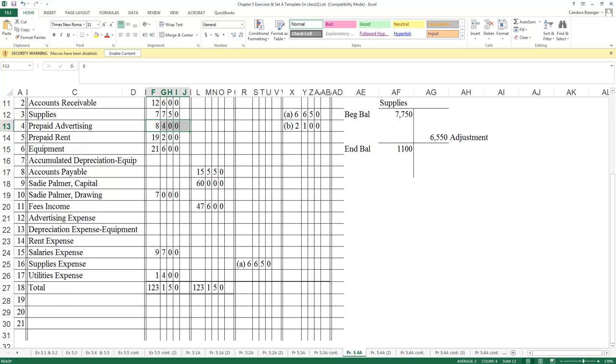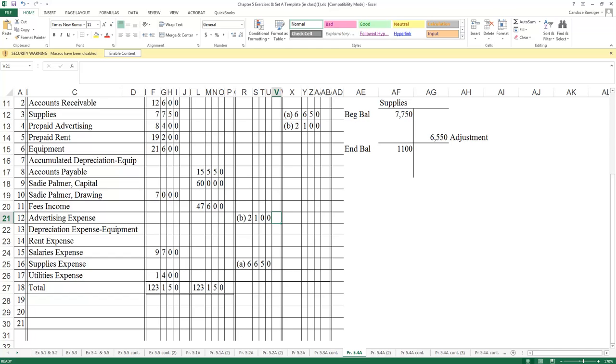And as I mentioned before, the other side of all these journal entries is an expense account. So now we get to take an expense of $2,100 for advertising in the month of January. So now you've got to turn in your textbook to page 146. And adjustment C is about right in the middle of the page.